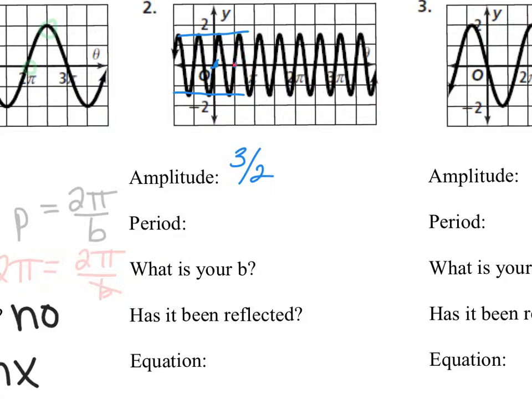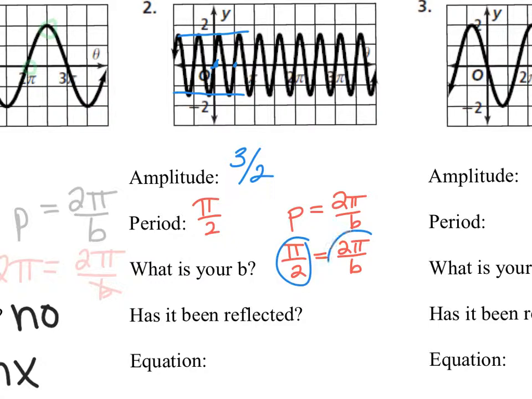This is half of pi, so this is going to be pi over 2. That's my period. So my b is going to be, remember the formula, period equals 2 pi over b. So pi over 2 equals 2 pi over b. You can either cross multiply, or I can see that this is half a pi, so in order for this to be the same ratio, the pi's would cancel out and this would have to be a 4. So my b value is 4.